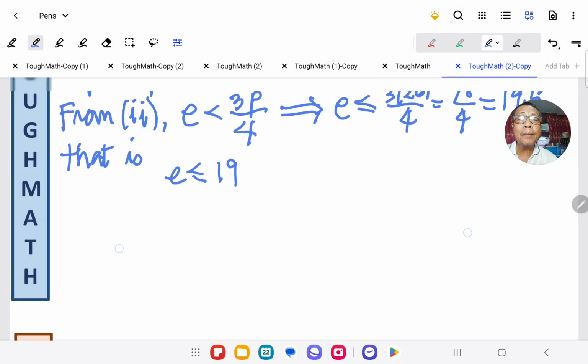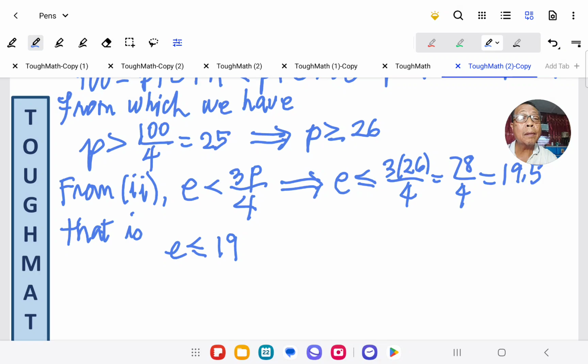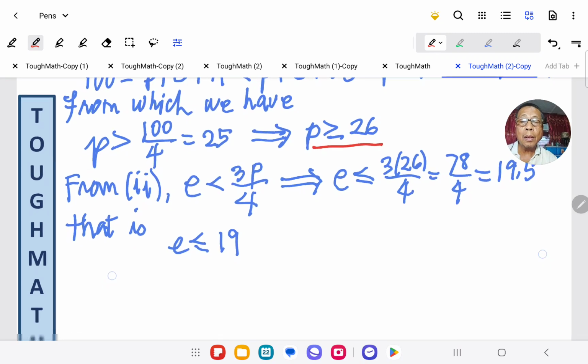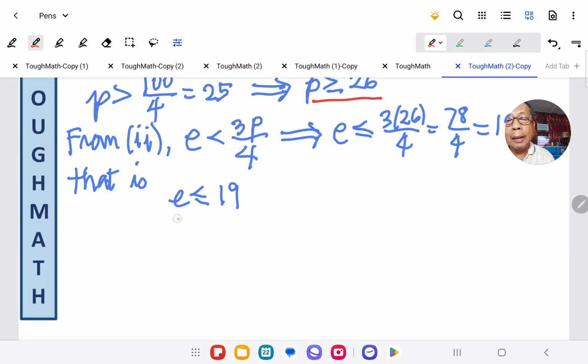Okay, so let us highlight these results. P is at least 26. E is at most 19. Of course, 3E is less than or equal to 57.